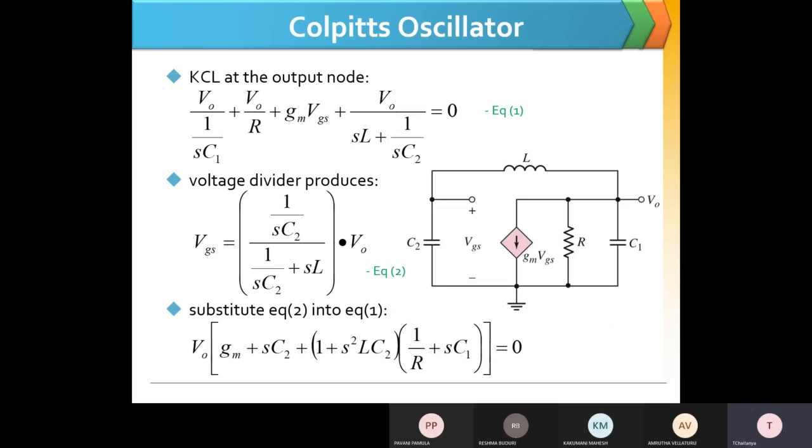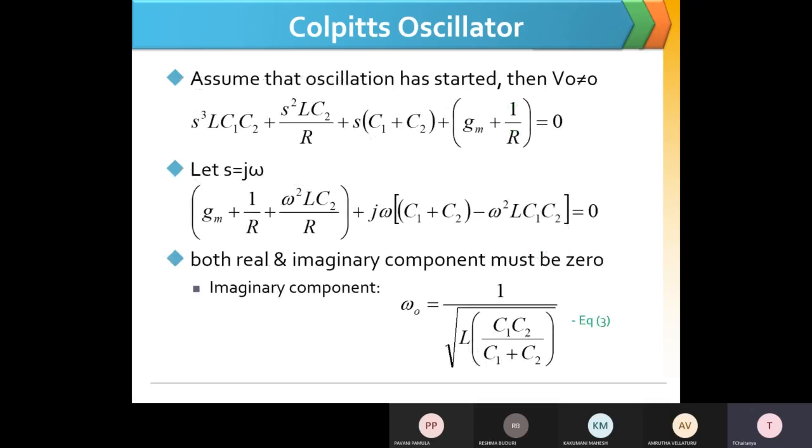Based on this loop, we apply the KCL and then we get this kind of expression. From this we require only the voltage divider, producing VGS equal to 1 by SC1 divided by 1 by SC2 plus SL. So from equations 1 and 2 we will get the third equation.